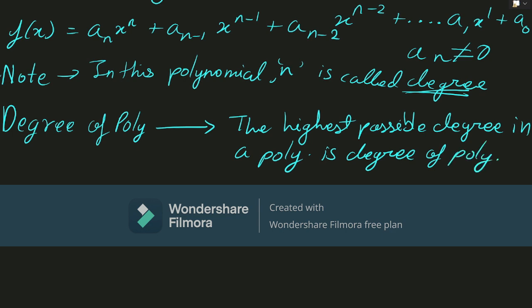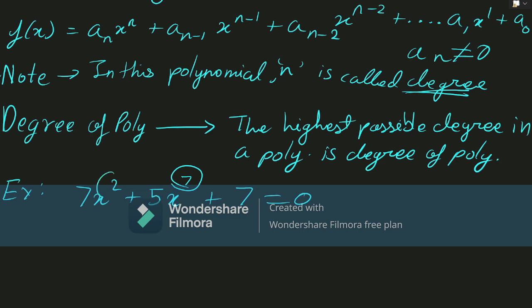Okay, let me give you an example. Suppose we have 7x square plus 5x to the power 7 plus 7 equals to 0. Now can you tell which is the degree of the polynomial? The degree of the polynomial will be 7. The highest possible degree is the degree of the polynomial.